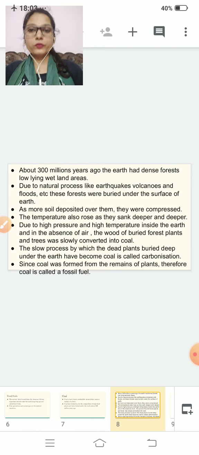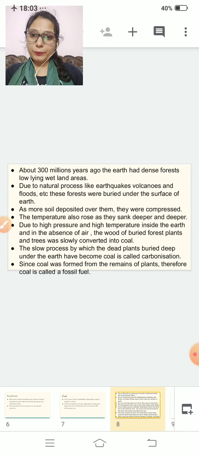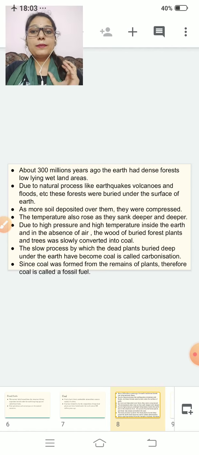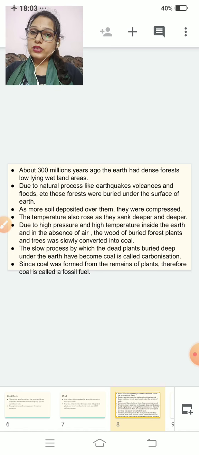Because of the high temperature and high pressure, the wastage of animals and plants decomposed and converted into coal.